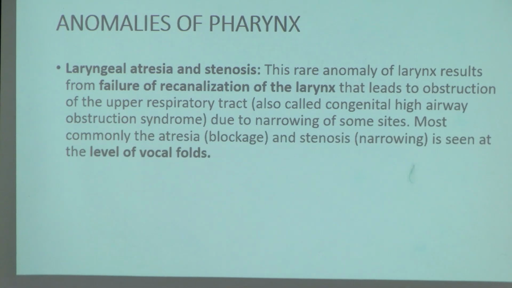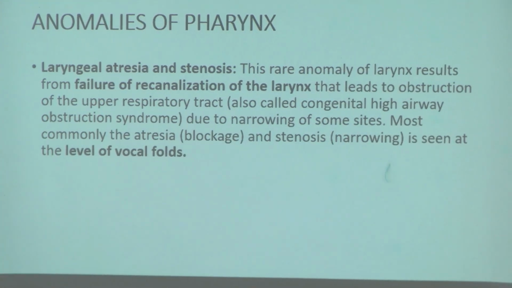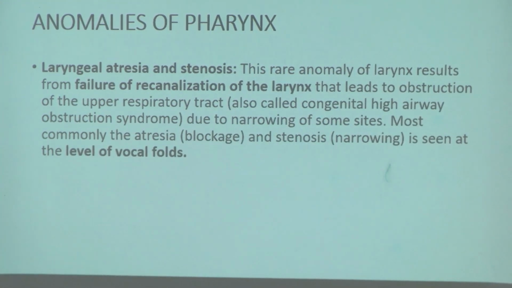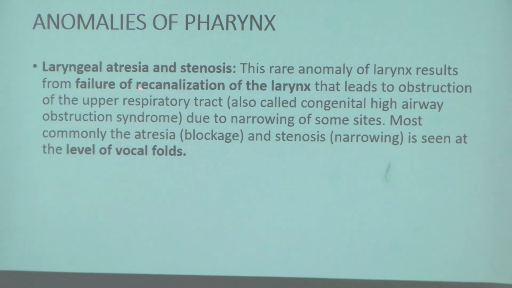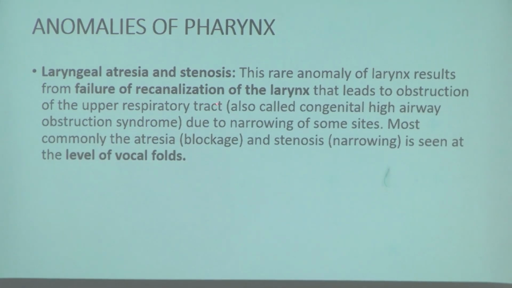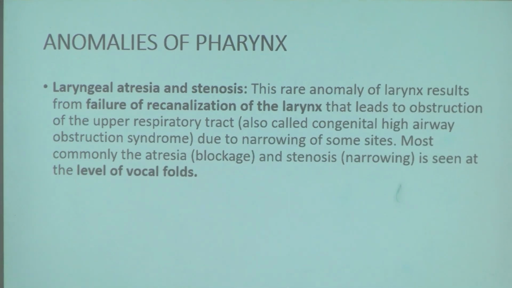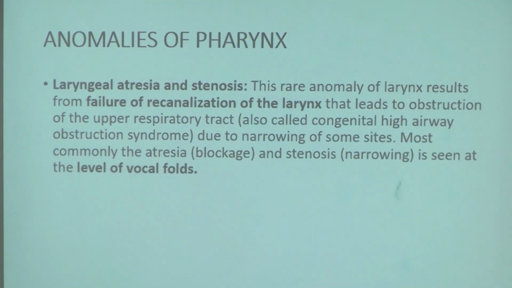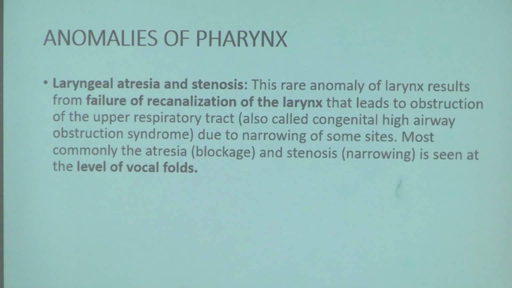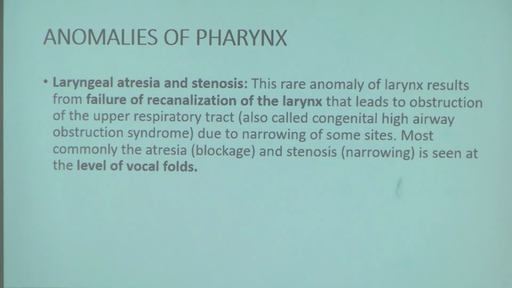Next we will discuss the anomalies. First we have anomalies of the larynx. The very first condition is laryngeal atresia and stenosis. This rare anomaly of the larynx results from the failure of recanalization of the larynx that leads to obstruction of the upper respiratory tract.